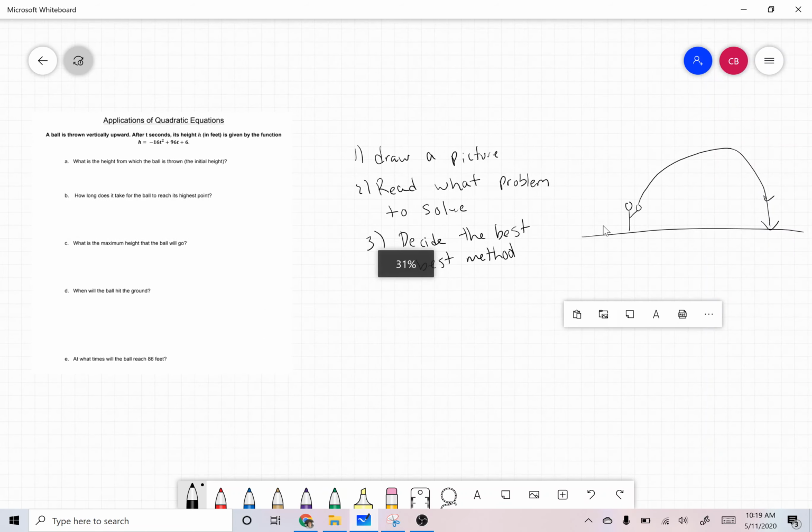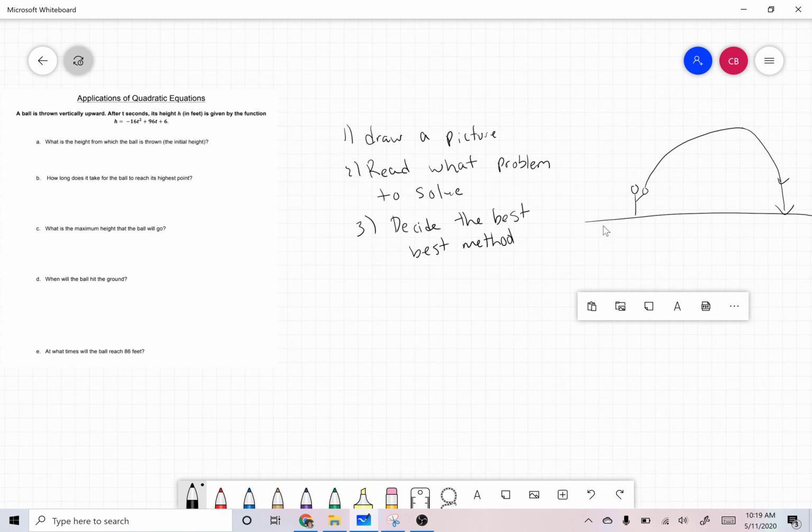And if we look at this, it says after t seconds, its height h in feet is given by this formula. It says, what is the height at which the ball is thrown initially? So what does that mean? The initial height is when no time has passed since the ball has been thrown, so that means that t is equal to 0.